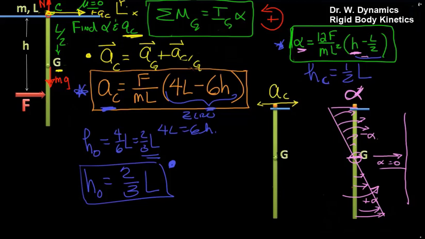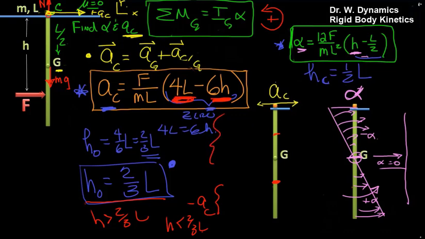Now, looking at the acceleration of C, the critical point is 2/3, and we find below there, for h greater than 2/3 of L, this is going to be larger than that, and we'll get a negative a in this regime down here. And for h less than 2/3 of L, this will be larger, and we'll get a positive a sub c in that range.